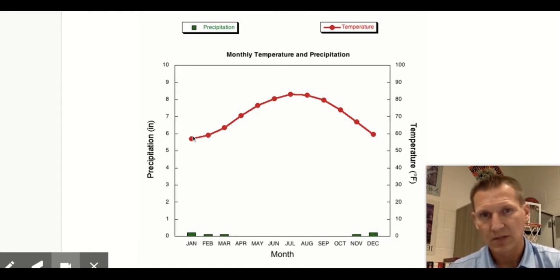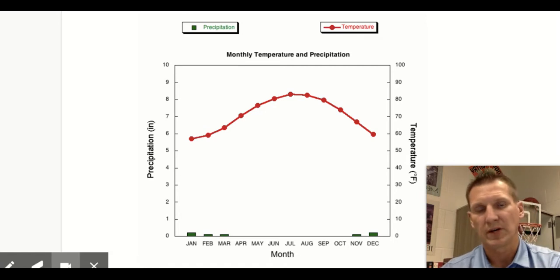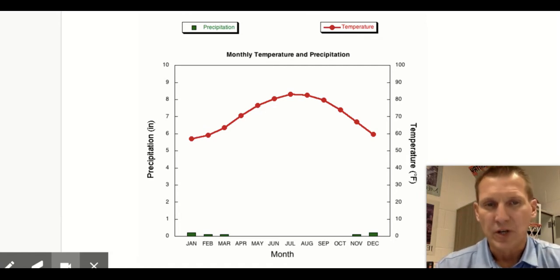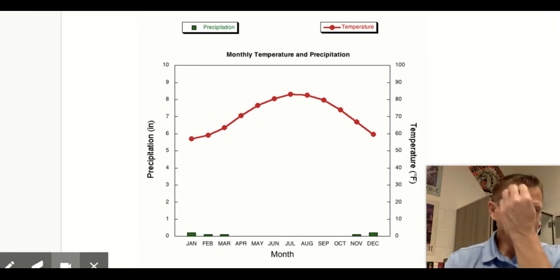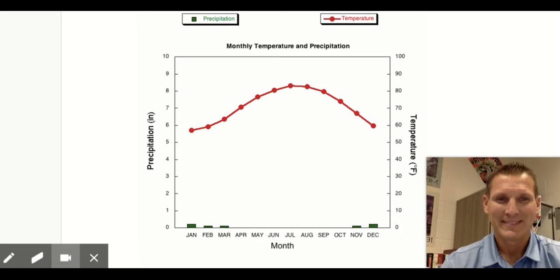You'll also notice that it is in the northern hemisphere and someplace that's fairly close to the equator because you're going from 80s in the summer to 60s. So it's a place that is not getting too cold. So in this case, Cairo, Egypt is your correct answer. All right, you can hit pause and do the next question.